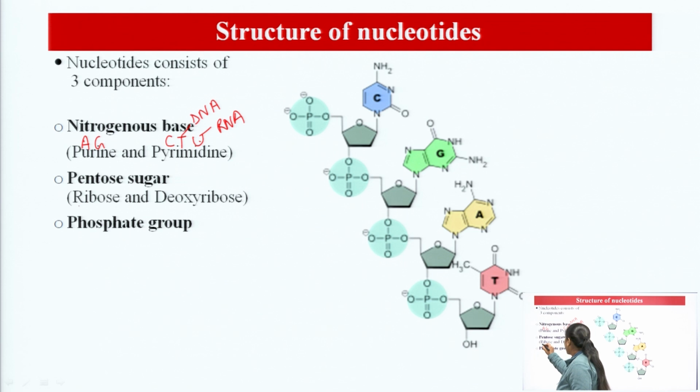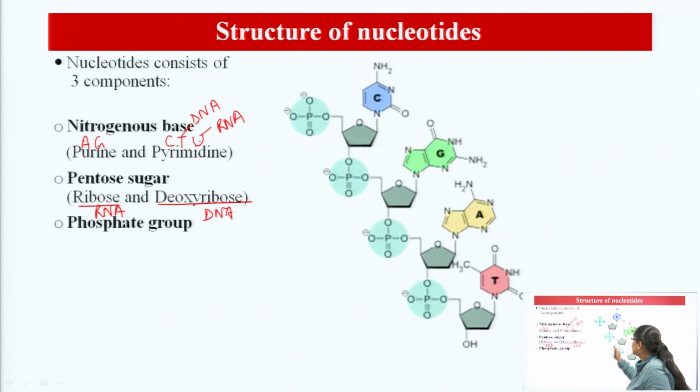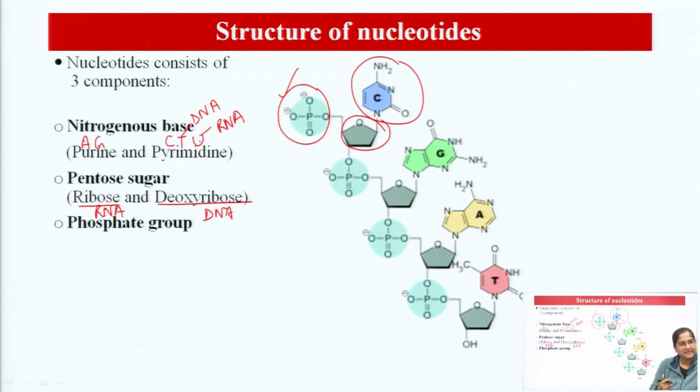The pentose sugar is ribose in RNA and deoxyribose in DNA, and the phosphate group is common. Here is the assembly of all three things. This is the phosphate group, this is the sugar moiety, and this is your purine or pyrimidine base. They get connected to one another, so this is one full unit of nucleotide, this is another unit, and another unit.